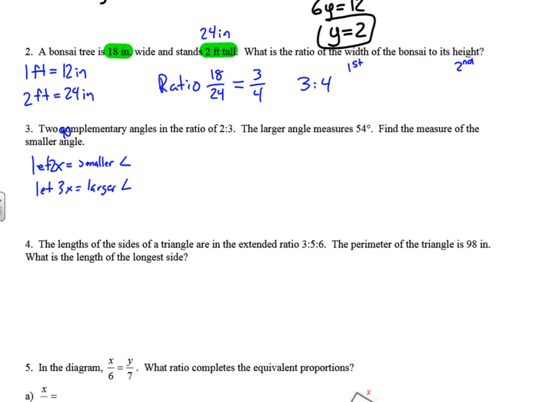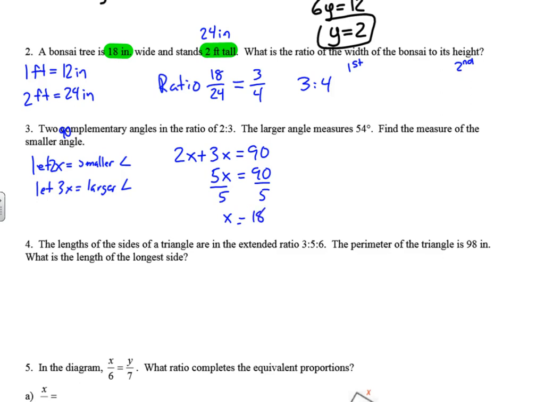And we know the two complementary angles have to add up to 90. So this is where you make that equation. 2x plus 3x equals 90. So 5x equals 90. When we divide by 5, 90 divided by 5, what's that going to come out to be? 90 goes into 50 10 times, and then into 40 8 times. I think that's 18.